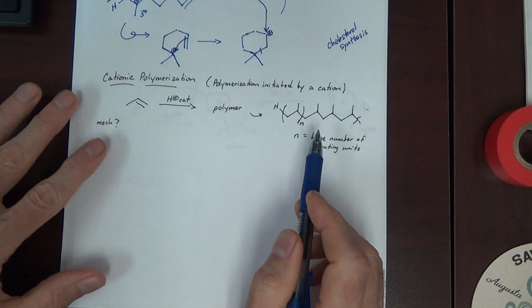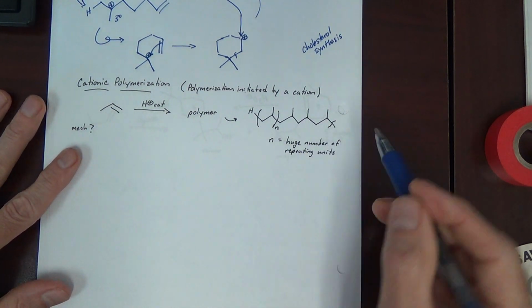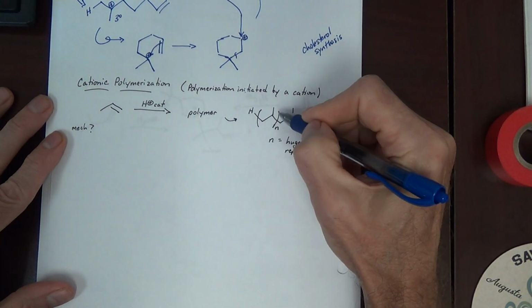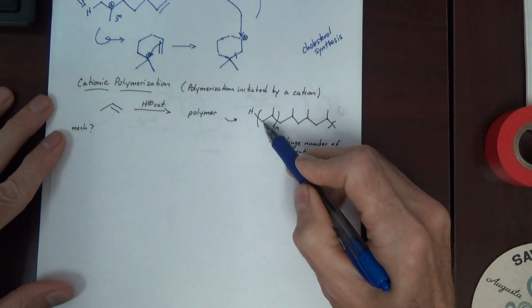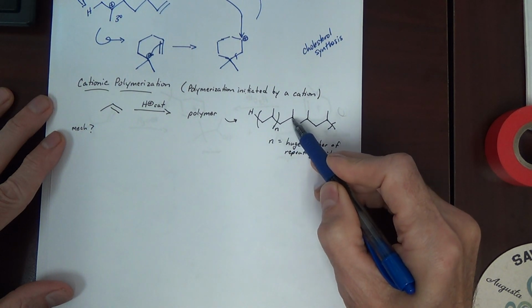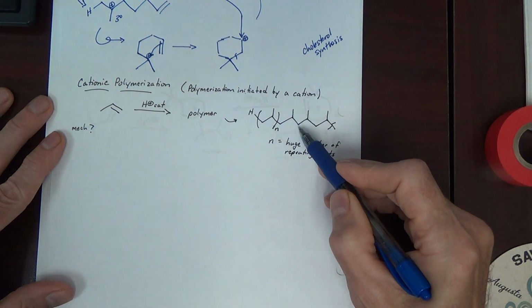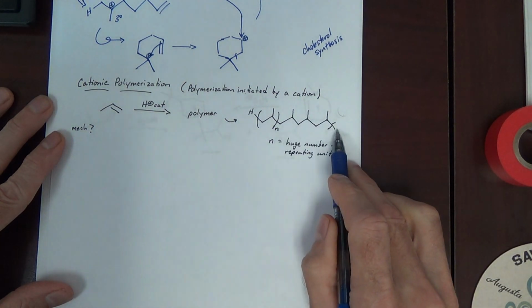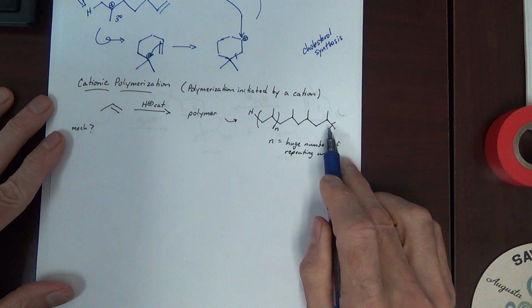And the polymer can be shown like this here. Typically with polymers we show a repeating unit, and that's what I have here in parentheses. It's going to be a CH2 carbon methyl, CH2 carbon methyl, CH2 carbon methyl, CH2 carbon methyl, and that continues for many, many repeating units.